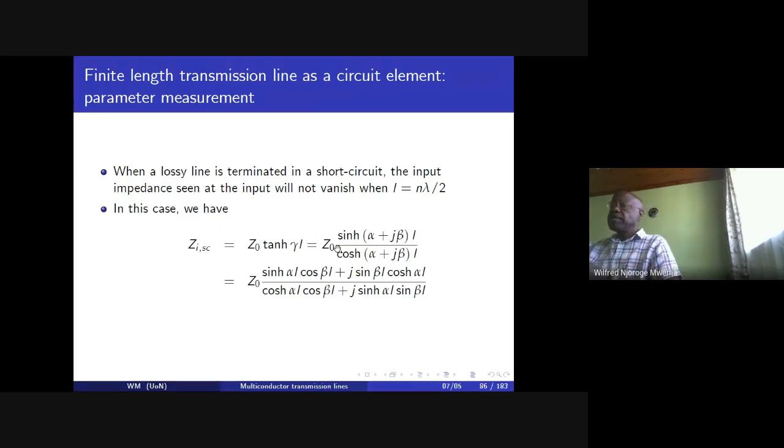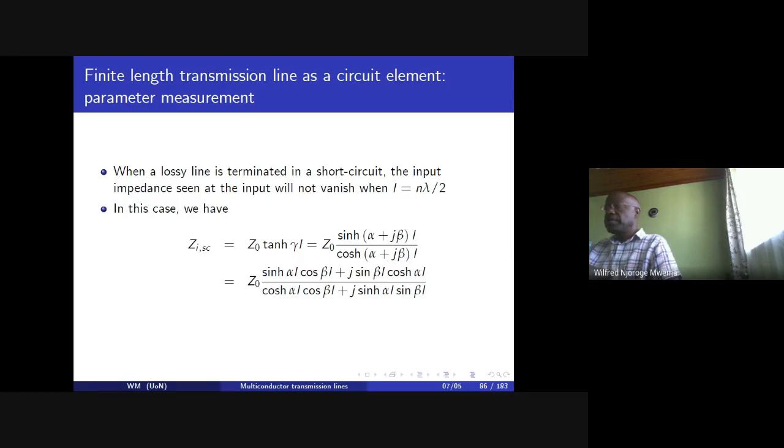So we can see that in this case, the short circuit input impedance, that is the impedance of the short-circuited line, is just given by Z0 times the hyperbolic tangent of gamma L, and this can be written in terms of hyperbolic sine and hyperbolic cosine as a ratio.